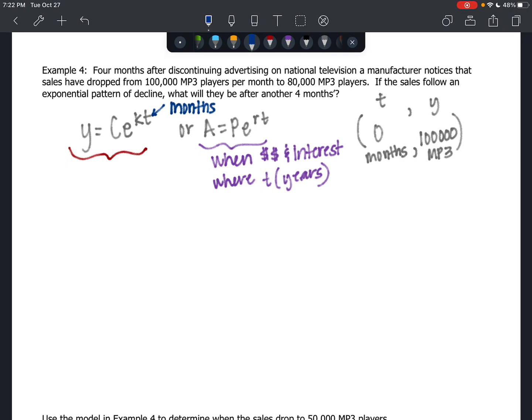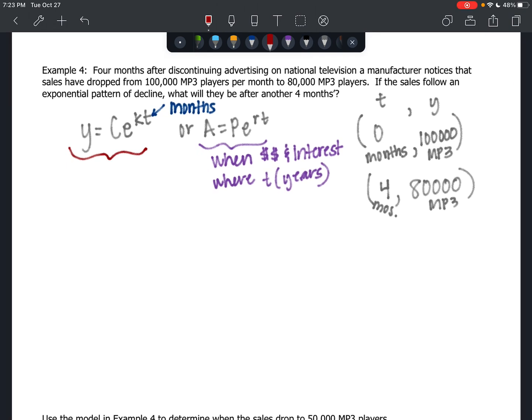So what do we have here? We've got 0, 100,000, and then 4 months later, it looks like we've got 80,000 MP3 players being sold, right? So 4 months later, 80,000. So it's dropped from 100,000 to 80,000. So I'm going to use this formula.